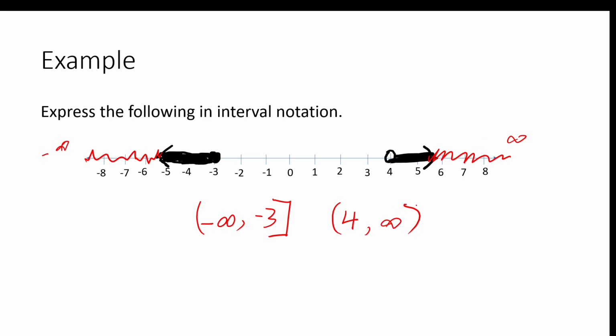There's always a round bracket on infinity, and this has an open circle. So we want to indicate that x could be a number in either one of these intervals. The way we do that is we put a U there, and what we're saying is x is an element of the union between those two intervals. We're uniting them, so to speak.